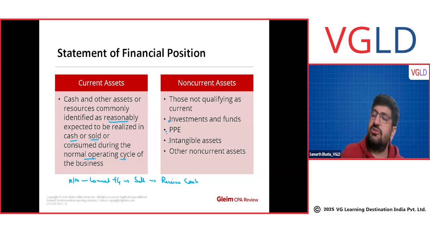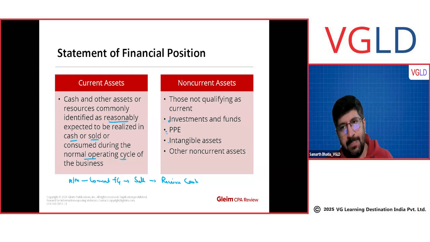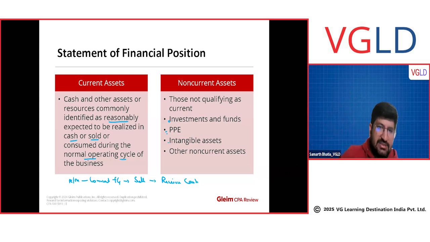in this case also, any asset which is going to be converted in the period of 17 months should be treated as a current asset. So if the operating cycle is beyond 12 months, accordingly, it will be treated as a current asset only. It cannot be treated as a non-current asset.